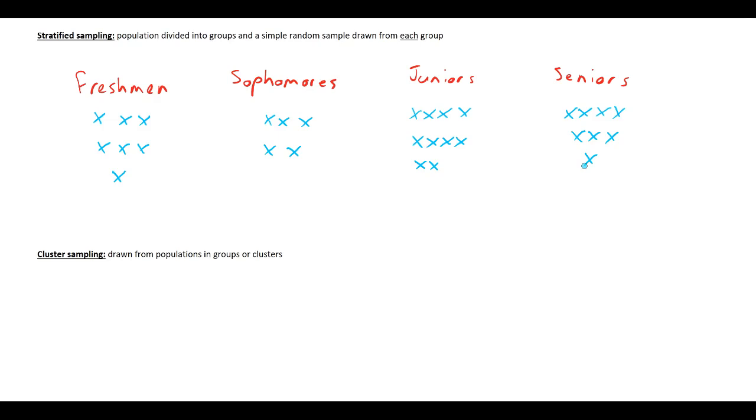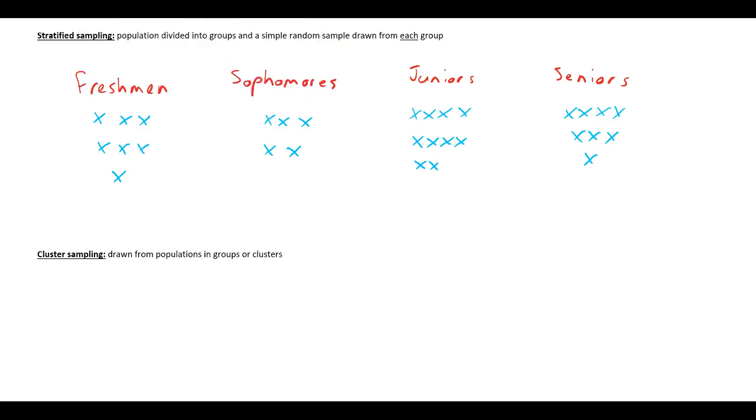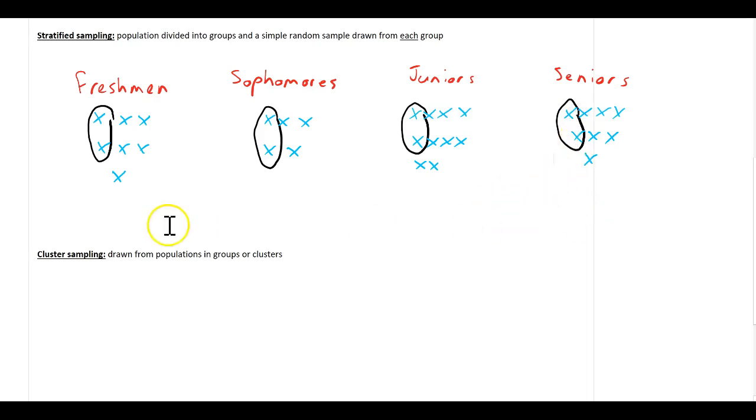These are just to show you, hey, okay, these are how many people I have. Well, for a sample like I'm discussing, the stratified sample, what it means is I'm going to take, say, 2 freshmen, 2 sophomores, 2 juniors, and 2 seniors. I took some from each individual group.